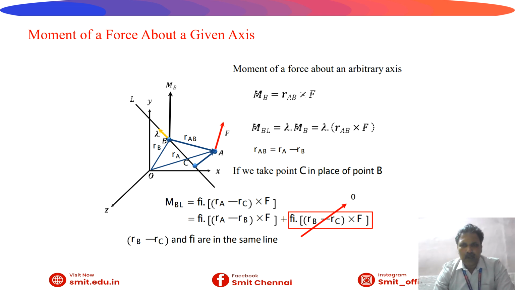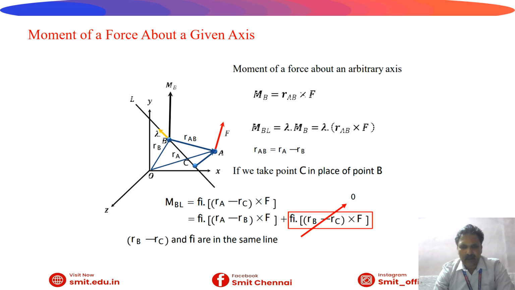Now, the moment of the force about an arbitrary axis, that is M_B equal to r_AB into F. What is our M_BL? That is nothing but lambda dot M_B equal to lambda dot r_AB cross F. What is r_AB? r_A minus r_B.